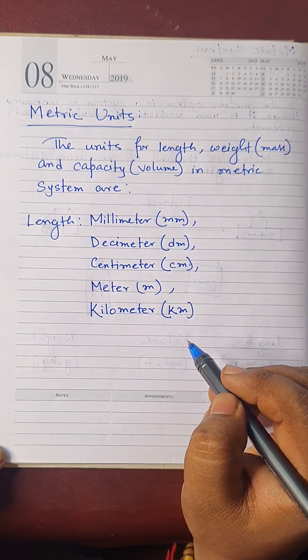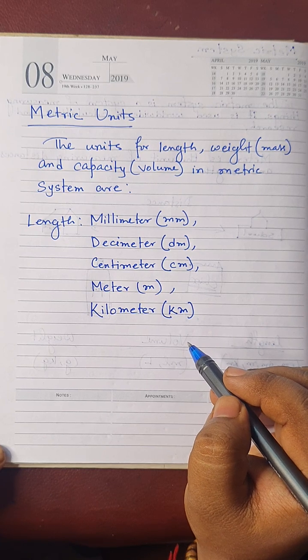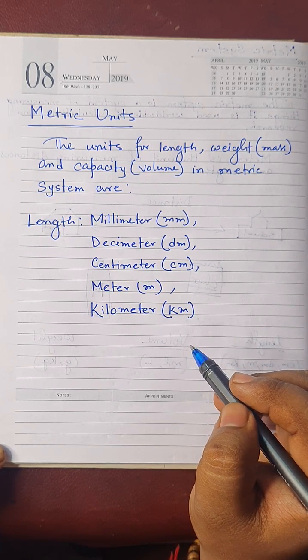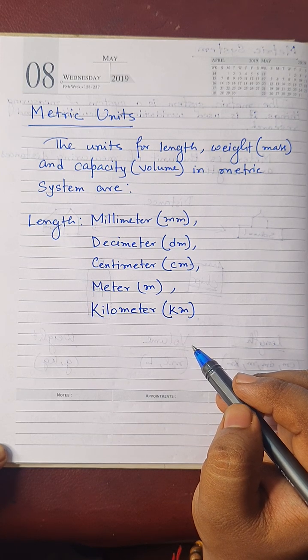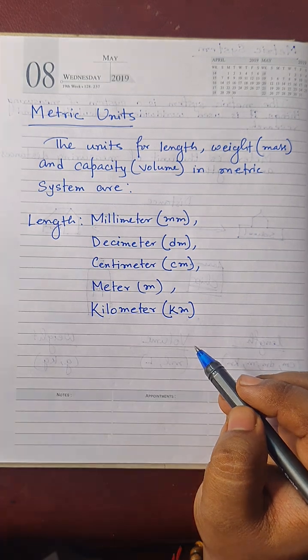Examples include measuring the thickness or length of a debit card, the length of cloth or the distance between two cities, etc.